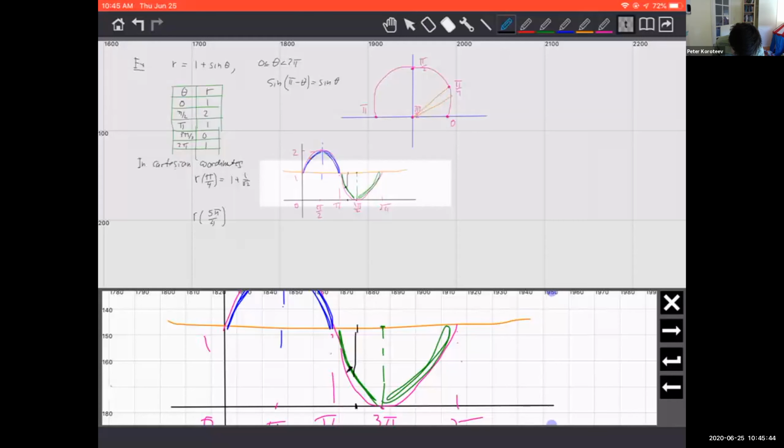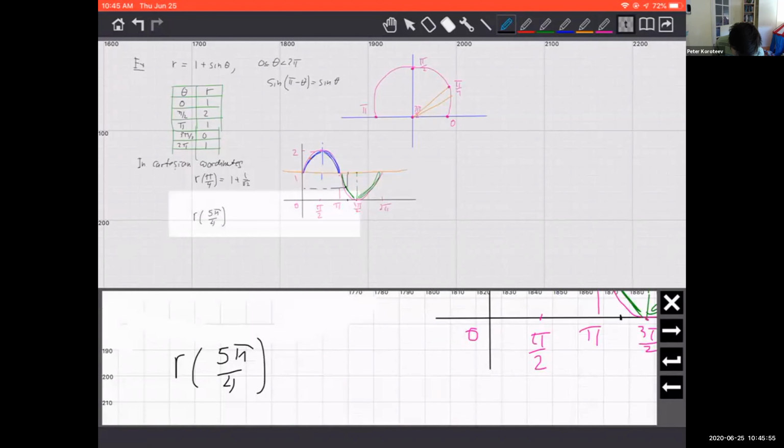So its value is equal to 1 minus 1 over root 2, which is a bit less than a half.